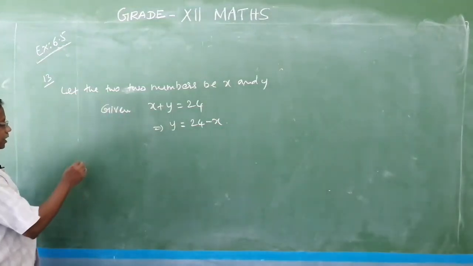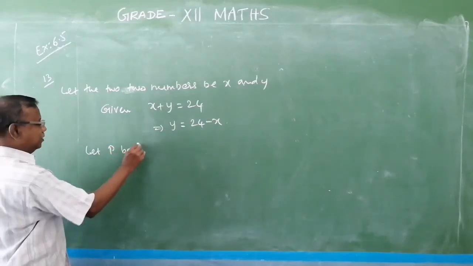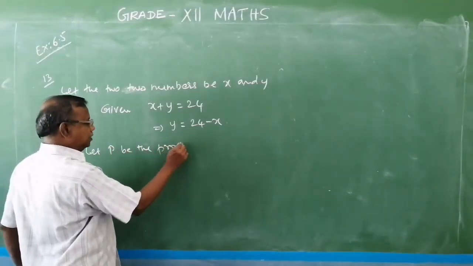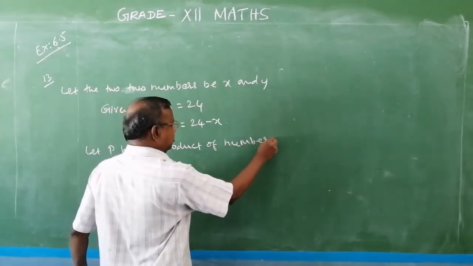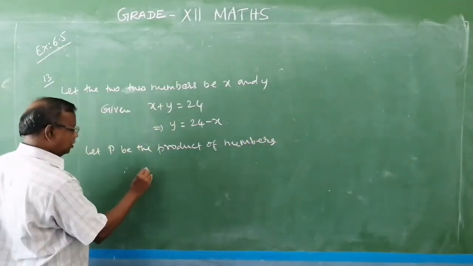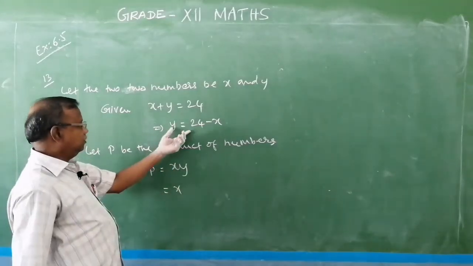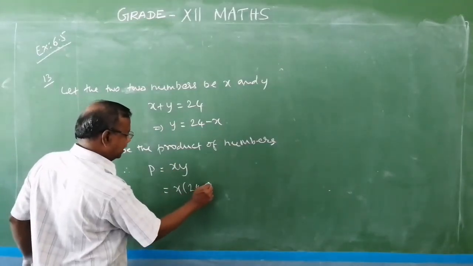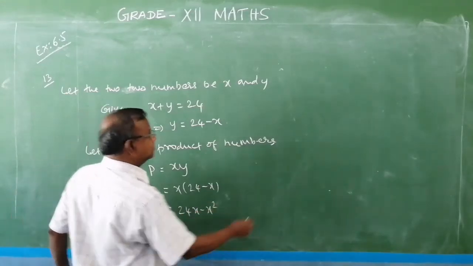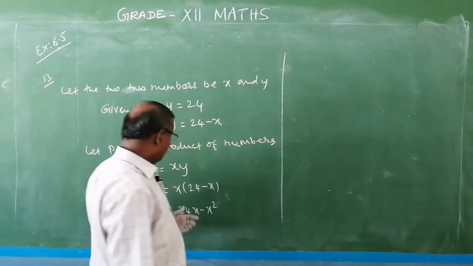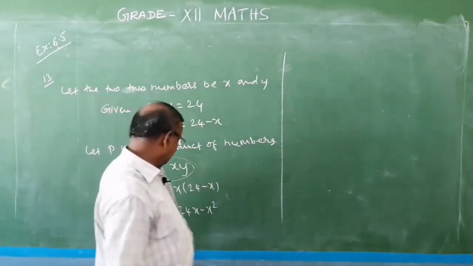Now given that the product is maximum, let p be the product of the numbers. Therefore product equal to x into y, that means x into, substituting the value of y, 24 minus x, equal to 24x minus x square. So we need to find the values of x and y so that the product is maximum.